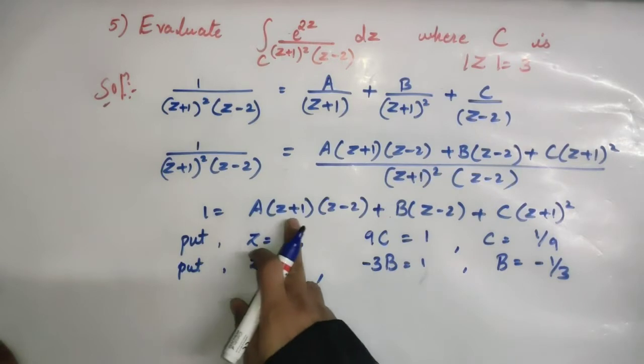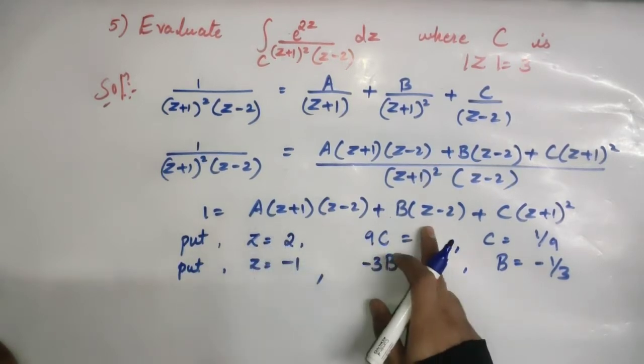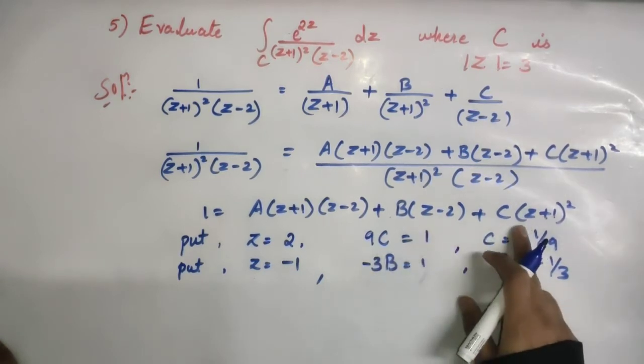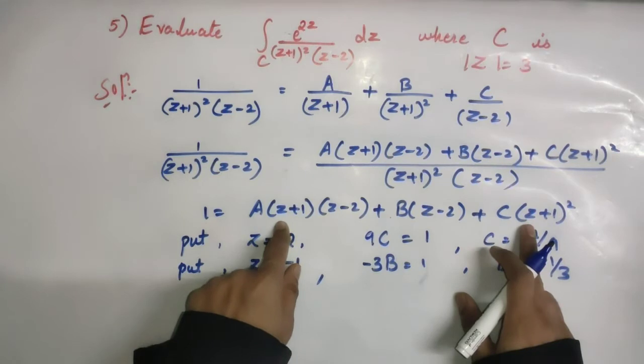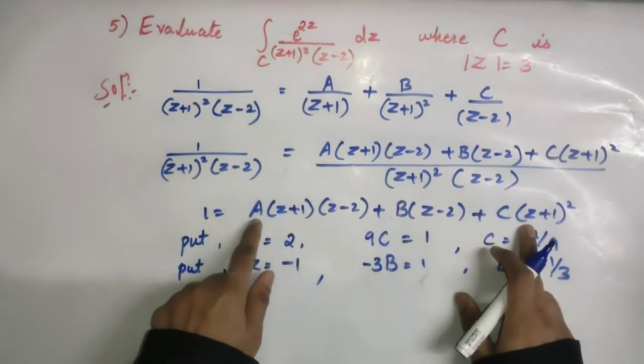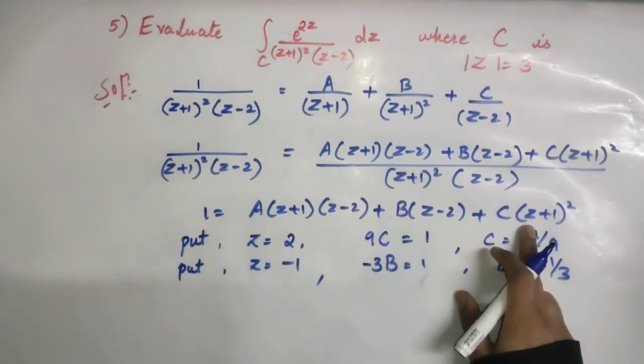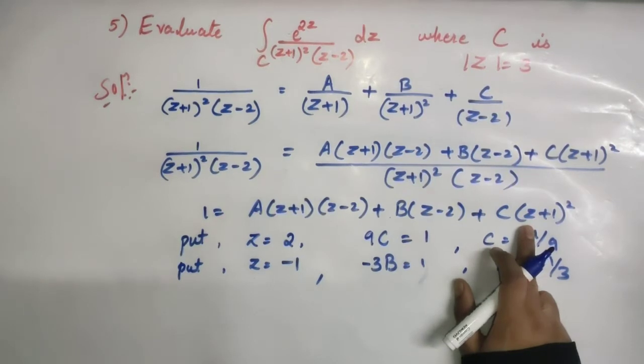So a is the coefficient of z square from the first term, whereas the second term does not contain any z square. In the third term, if you expand (z plus 1) whole square, it is z square plus 2z plus 1. So there is z square in the first and the last term, with the coefficient a in the first term and c in the last term.